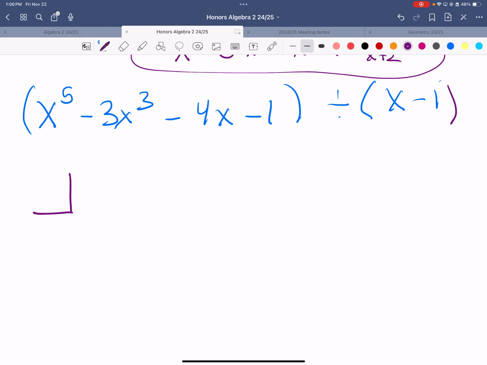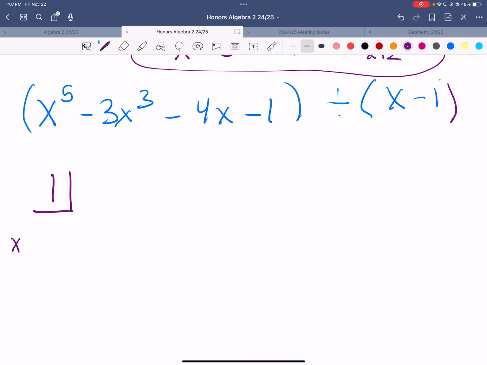What did you get? What goes inside the box? 1. Again, I'll remind you again, and there's probably a reason I'm saying it. The way you get what that is, you take that and set it equal to 0. Okay.